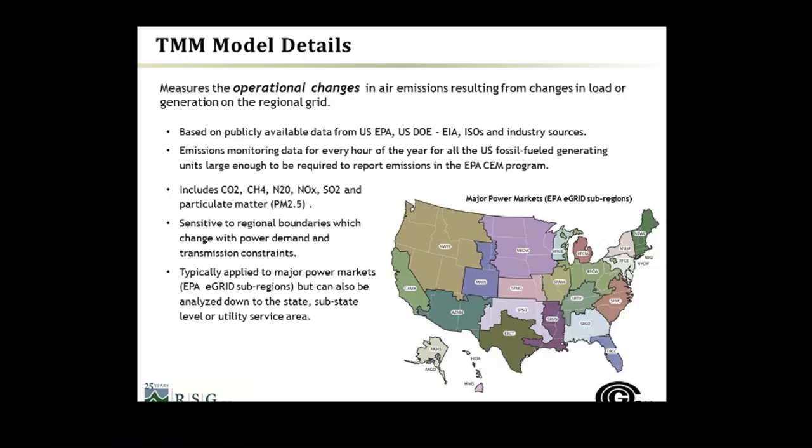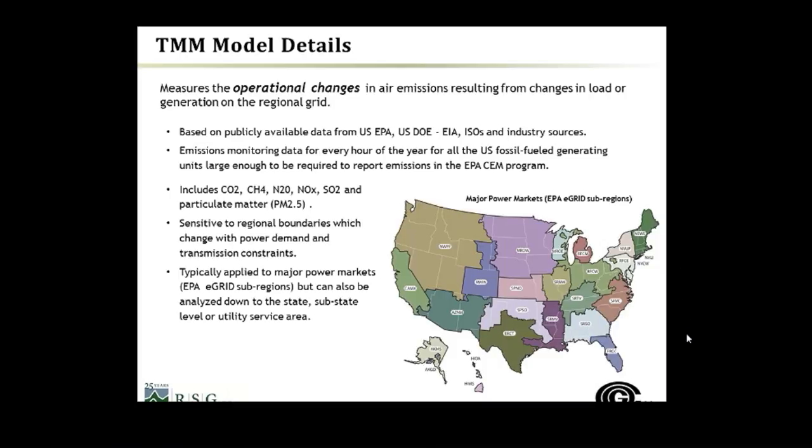Just a little bit about how the model is produced. It's based on publicly available data, the emissions monitoring data for every hour of the year for all U.S. fossil fuel generating units which are large enough to require EPA CEM monitors. The particular pollutants dealt with by the model are CO2, CH4, N2O, NOx, SO2, and PM 2.5. So we can evaluate the marginal emissions for all of those.